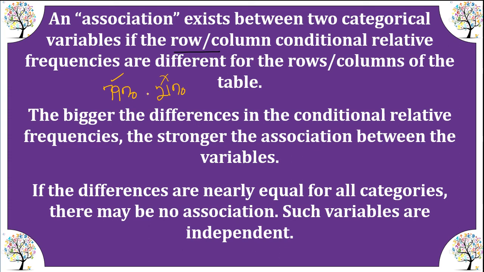So I know there is a strong correlation, or I should say an association. There is a strong association between having gifted classes and having extracurriculars. And remember, if the differences are pretty close together, then we're going to say that there is no association.